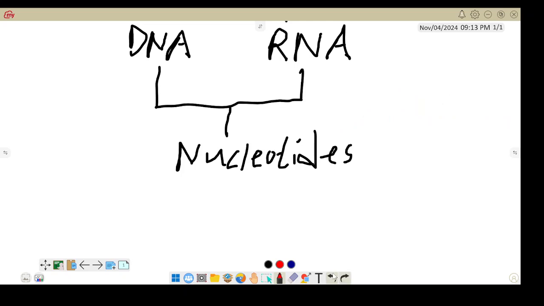And then these same nucleotides, they have their own components. So we're now going to explore the components of the nucleotides. So remember, we're starting from the nucleic acids, the D nucleic acids and the R nucleic acids.